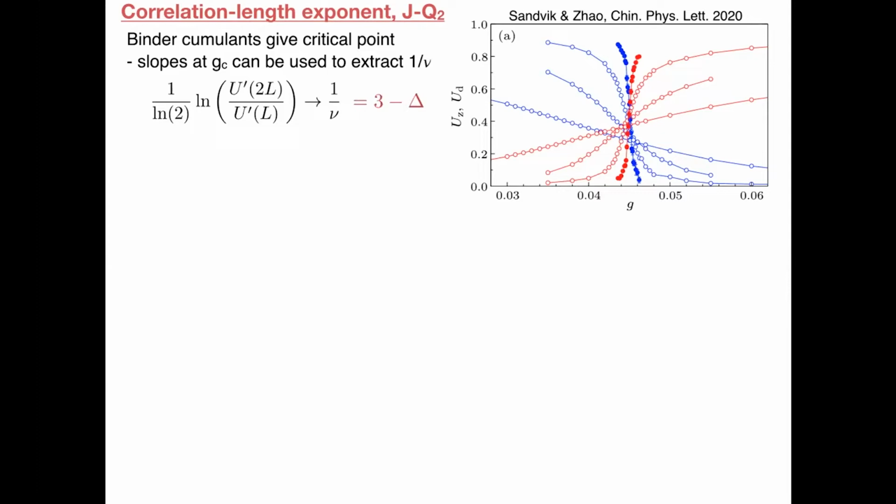And what's 1 over nu? Well, you are more familiar with scaling dimensions, so this should be 3 minus delta, and delta should normally be the symmetric, what you would call the singlet, but here I didn't put any mark on it because, if we have SO(5), maybe it's the one that in Lee's talk yesterday he called delta T, right?